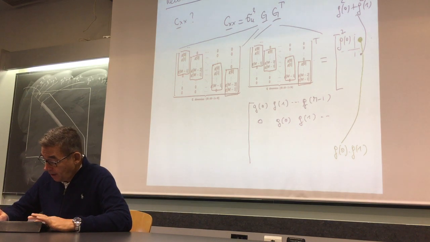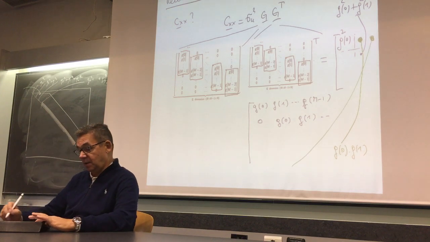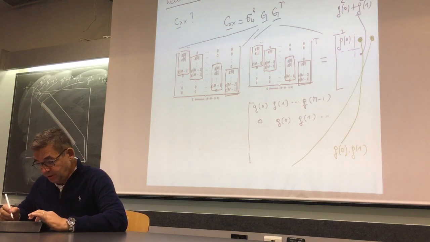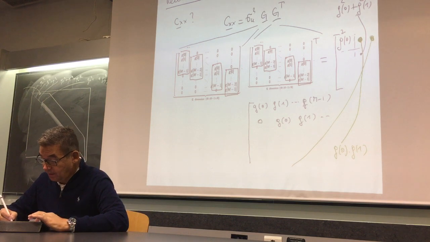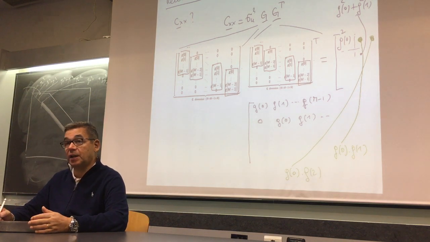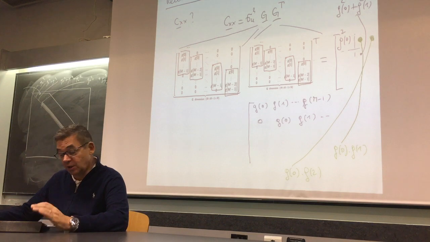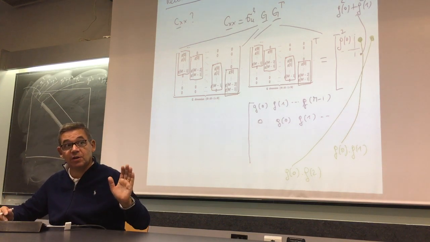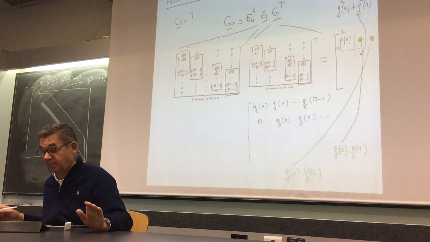Now, if I do the same in the third position, I have G0 times G2. Now, what I read here is the product between G0 and all the other entries.